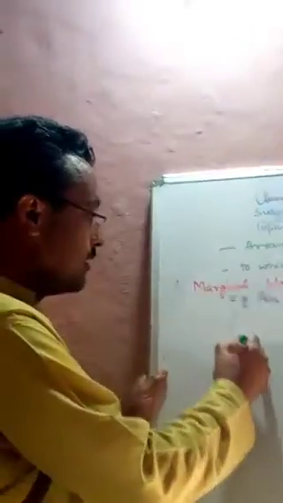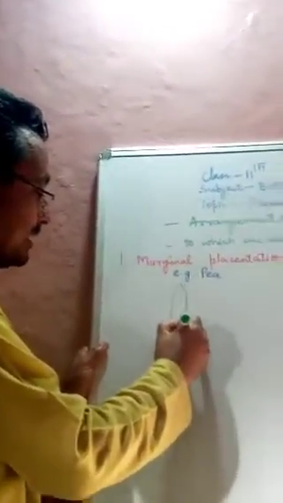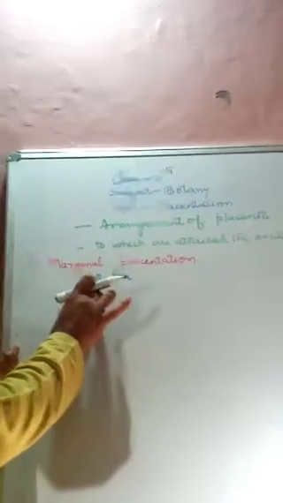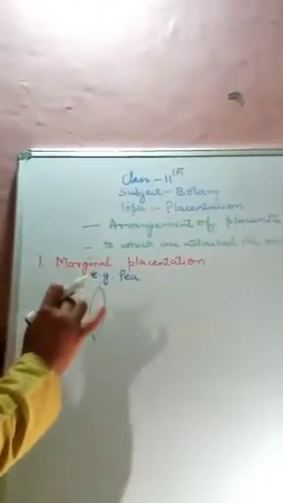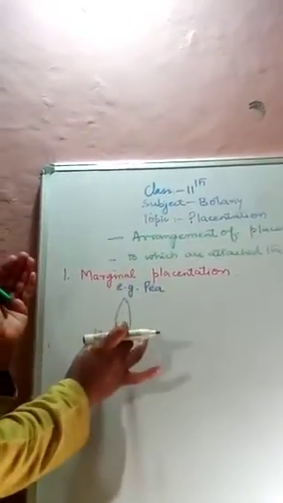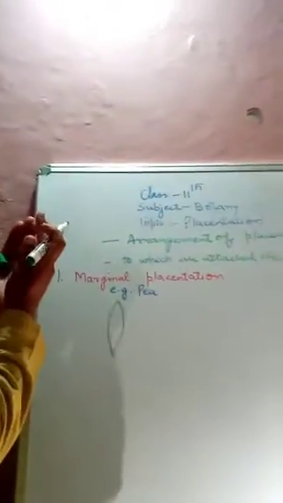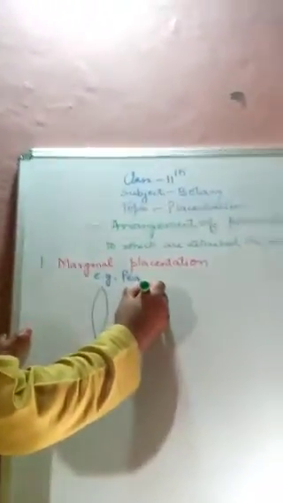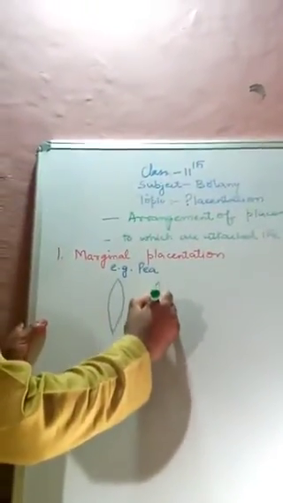For example, the pea pod. If we draw the diagram, this pea pod is like this, and inside this pea pod the seeds are found. Now, when we open this pea pod, when we unlock that pod, we will find a structure like this.